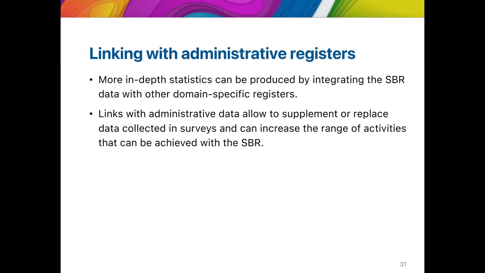Okay, for the second bullet, links with administrative data allow to supplement or replace data collected in surveys and can increase the range of activities that can be achieved with the SBR. So they expand the data coverage and the level of detail that can be attributed to a particular SBR unit. Such expansion in data coverage also translates to its expanded use to produce economic statistics and for research.